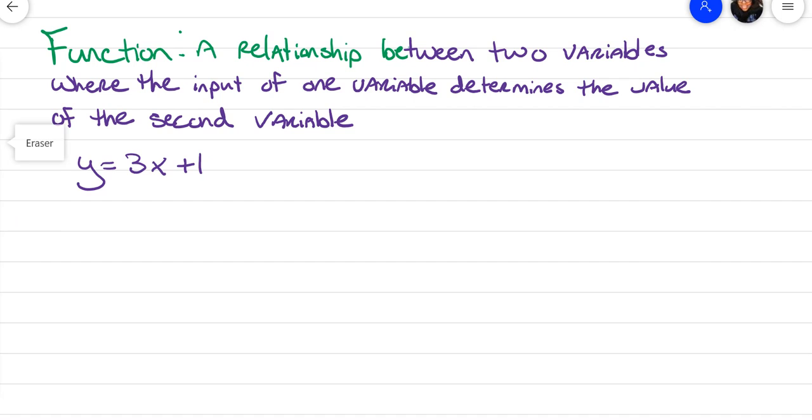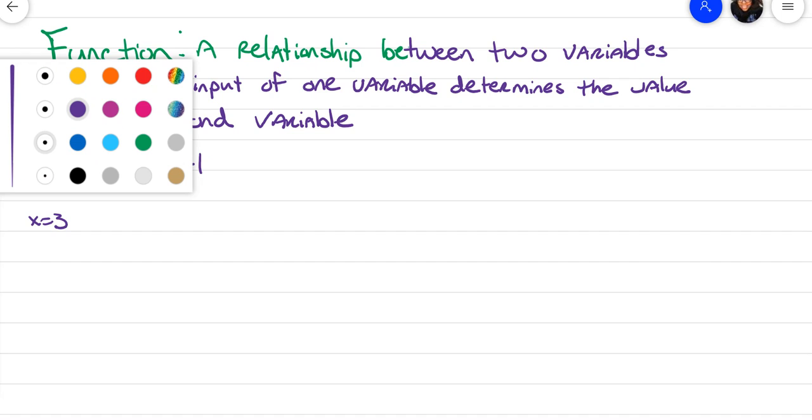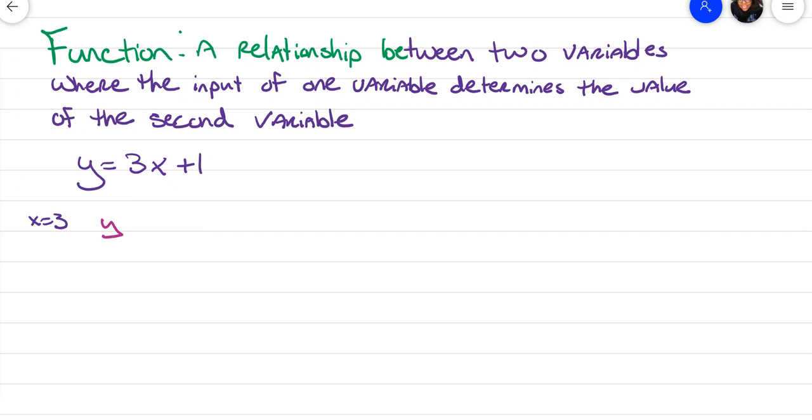If I said x equals 3, then you could figure out y by plugging it in. You would say y equals 3 times 3 plus 1. This would be 9 plus 1, and you would end up getting y is 10.